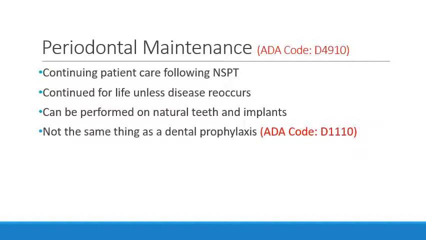And your patient is not currently in active disease. That is when we consider our patients ready for periodontal maintenance. We perform perio maintenance on natural teeth, the natural dentition, as well as implants. Again, we're going to talk about implants later on in the semester.